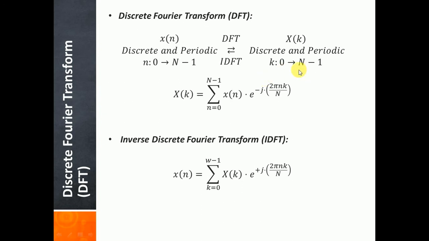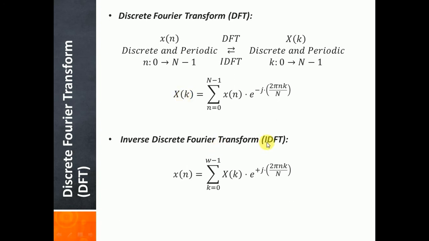In other words, what is very different from the discrete time Fourier transform, in which you obtained a continuous waveform which was periodic in omega domain, is that here you're getting a discrete waveform. It is still periodic, but it is discrete in nature. That's why you have X of k.